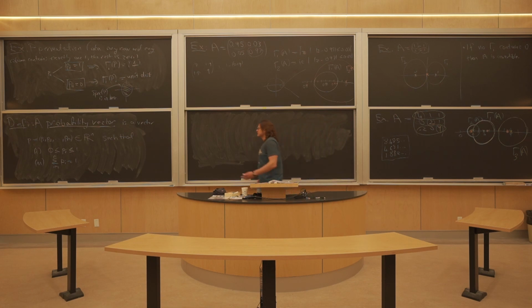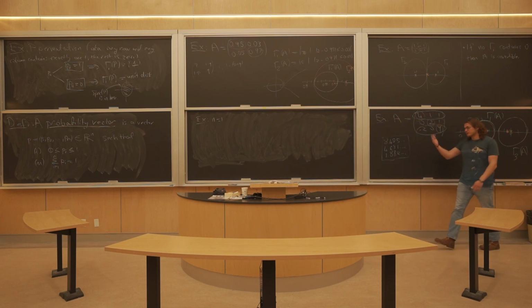But let's imagine this. In dimension 1, if n is 1, I have only one probability vector, because I have one entry, it has to be 1. That's not that interesting. If you have one option, that means that your model tells you that with 100% probability, that's what's going to happen.